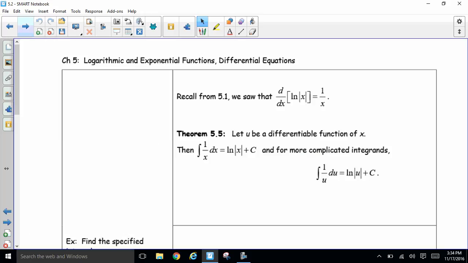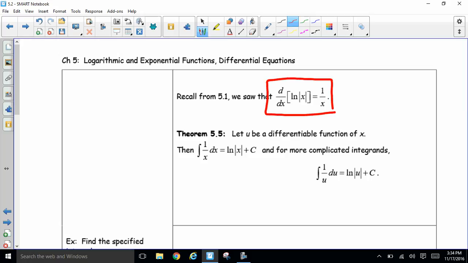The reason why is because we looked in 5.1 at how you differentiate natural log of absolute value of x. And so the derivative goes this way. We've learned in 5.1 that the derivative of natural log of absolute value of x is 1 over x.